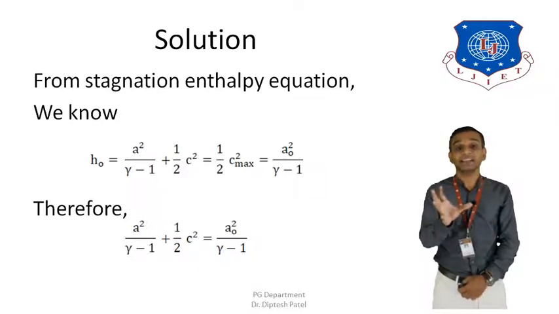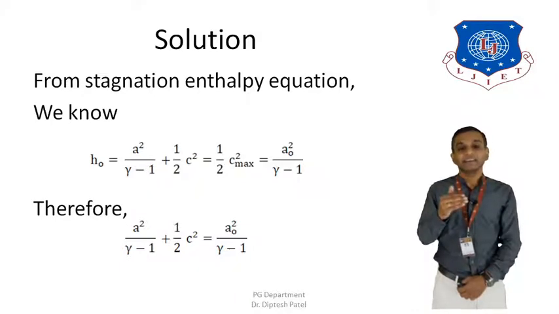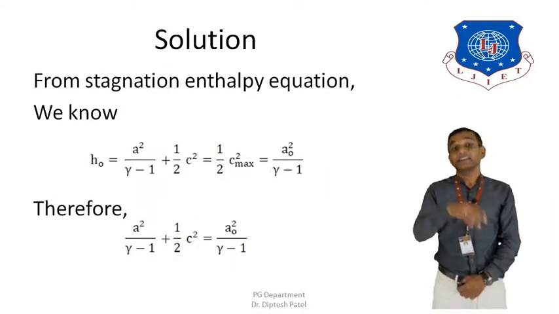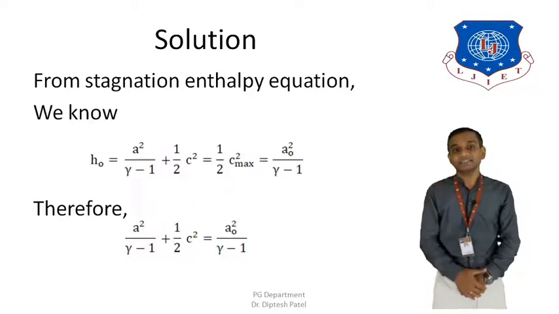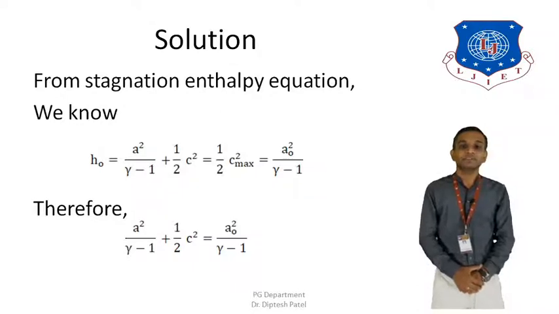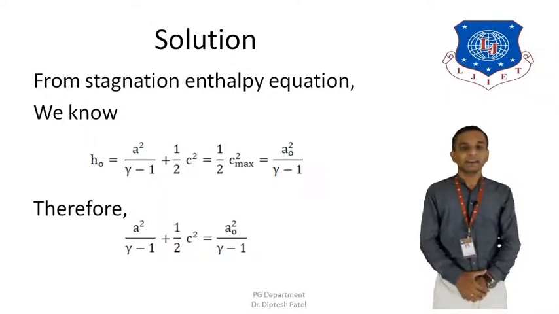It can also be written as 1 divided by 2 C max square, or equal to a0 square divided by gamma minus 1.